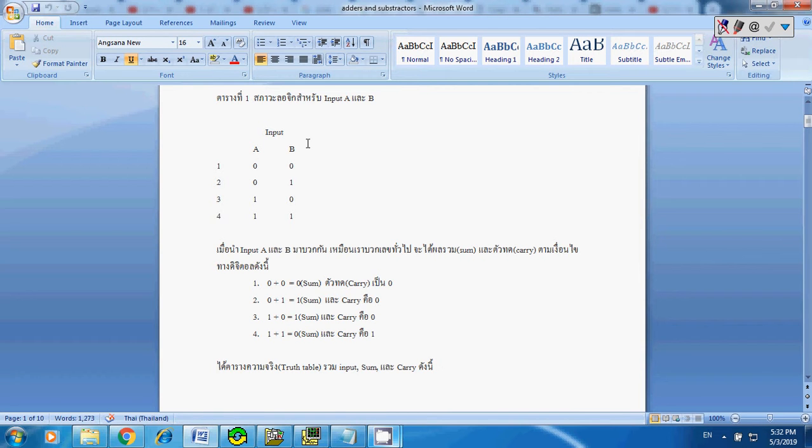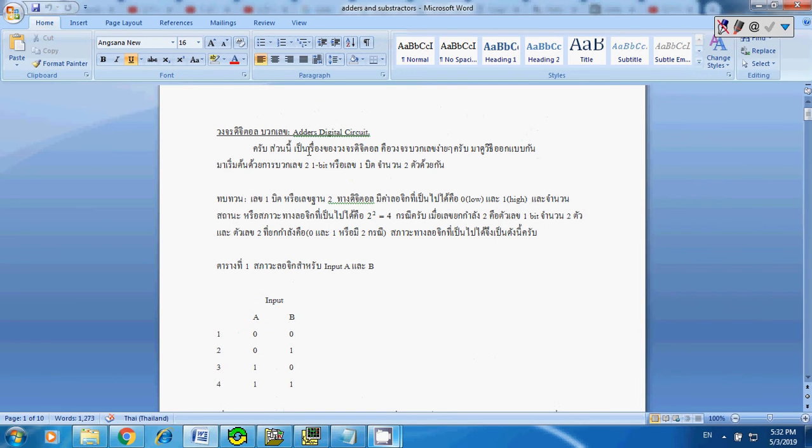And then I also do the circuit, and also do simulation to get the plots for more understanding. Okay, let's start with the adder circuit.